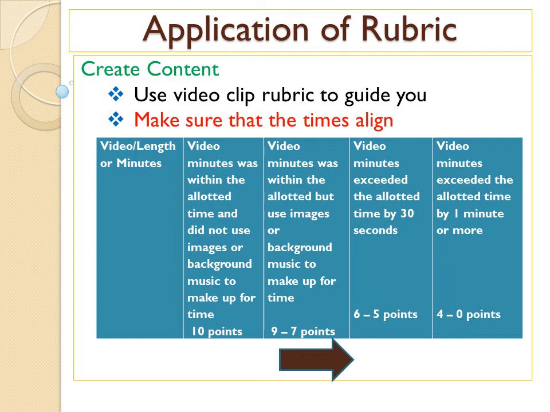If you go over the allotted time, there's a score for that, and depending on how much time you went over, by 30 seconds or by 1 minute, there's a score allotted for that. So pay close attention to the time.